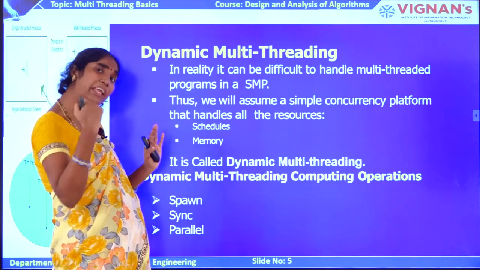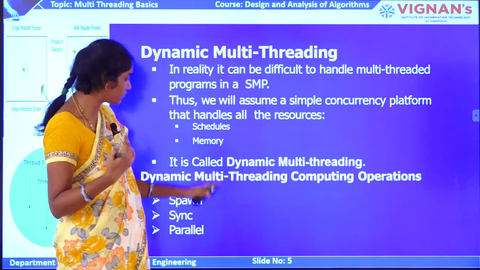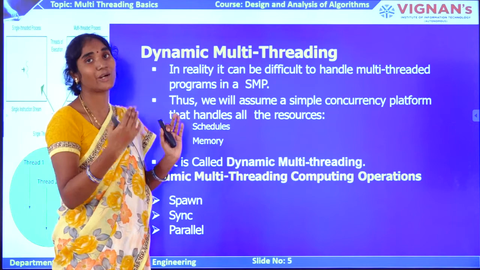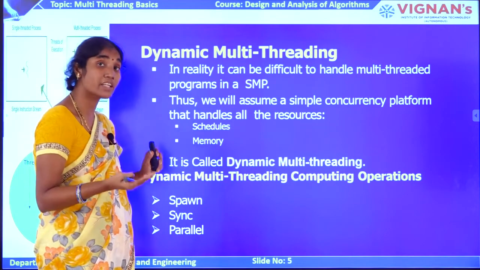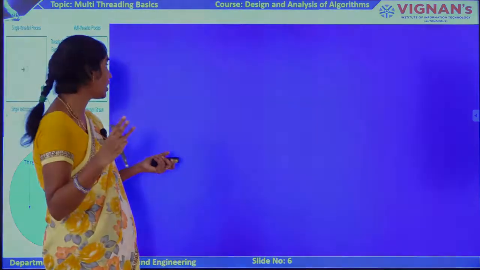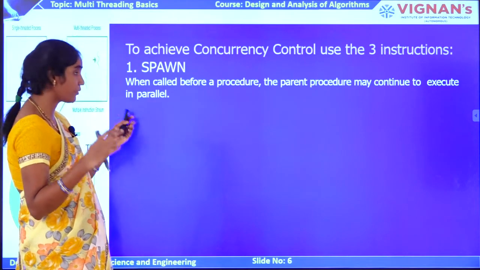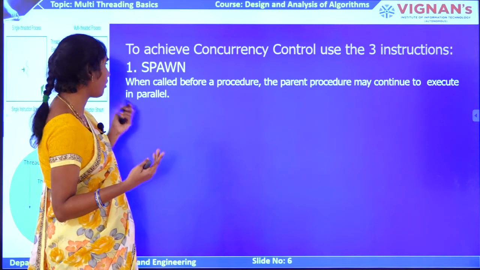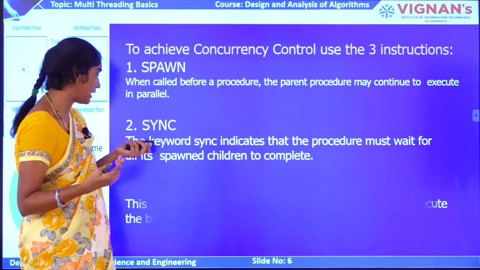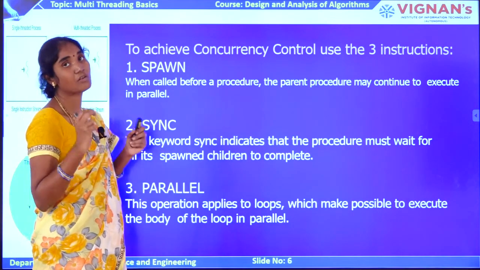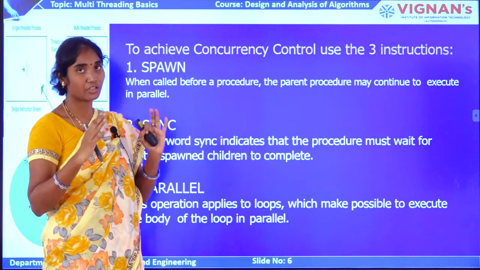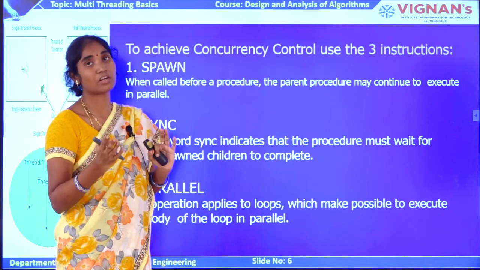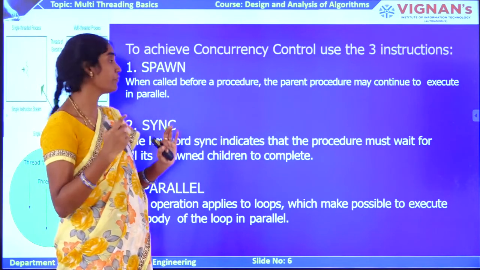In order to achieve concurrency control, we are using 3 instructions or 3 operations, called spawn, sync and parallel. So the first one is spawn.